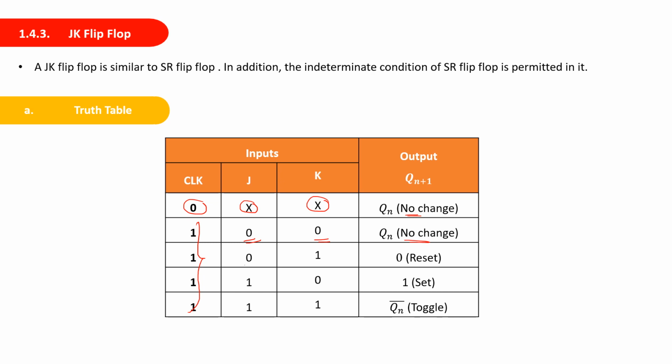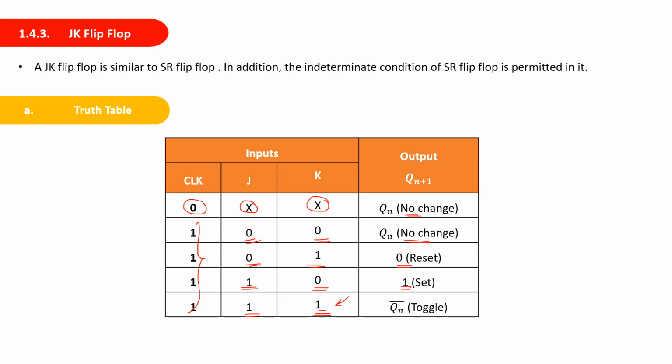Now when J is equal to 0 and K is equal to 1, your output is 0. That means your flip-flop gets reset. And when J is equal to 1 and K is equal to 0, the output gets set. Now when J and K both are equal to 1, this is the condition that is not allowed in the SR flip-flop.